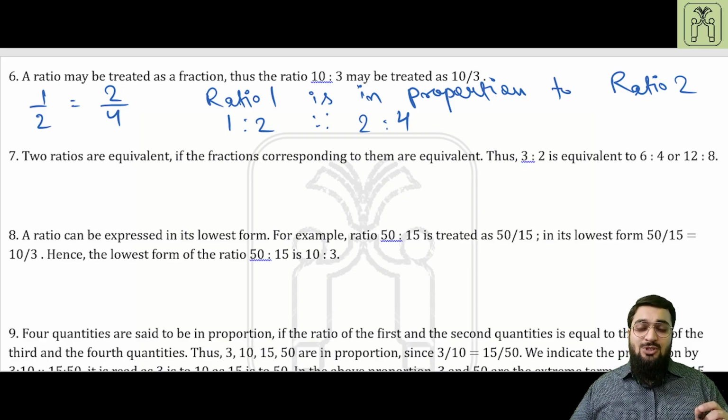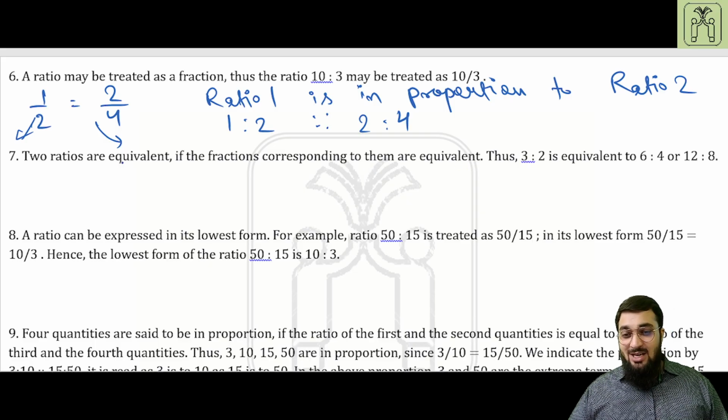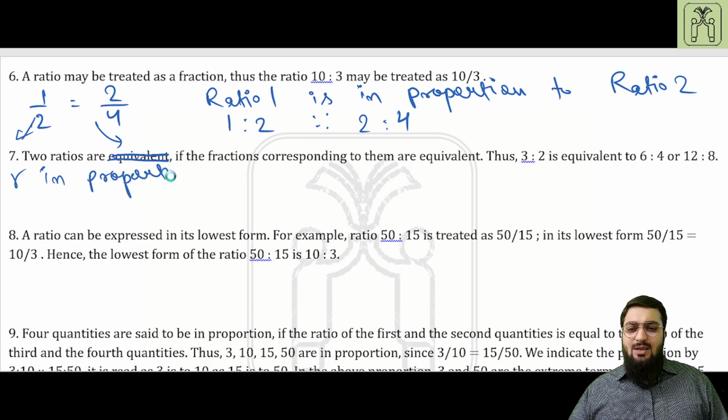Ratios in proportion make the best equivalent fractions, and this is the simplest form, and this is its equivalent form. Two ratios are equivalent if the fractions corresponding to them are equivalent. So saying two ratios are equivalent is not that correct. Rather, we will say that two ratios are in proportion if the fractions corresponding to them are equivalent.